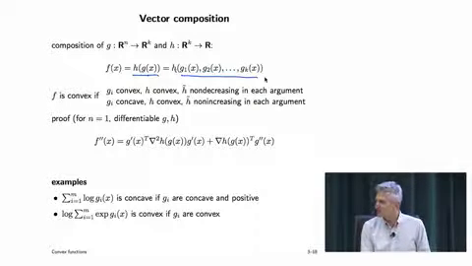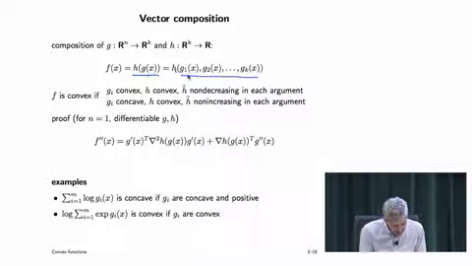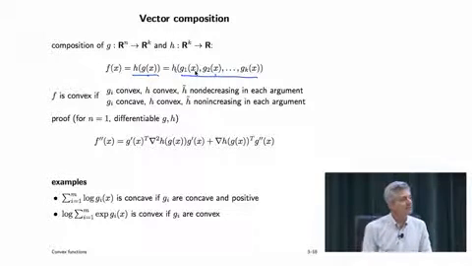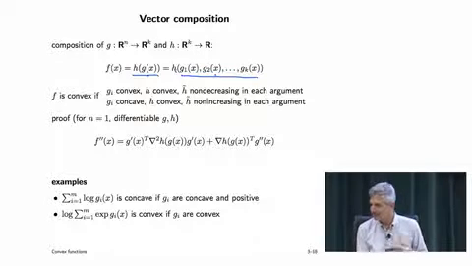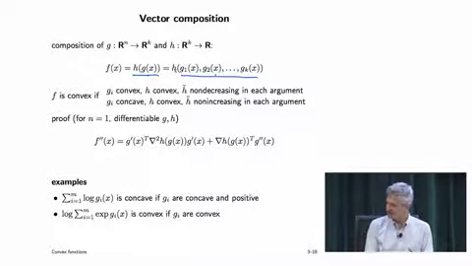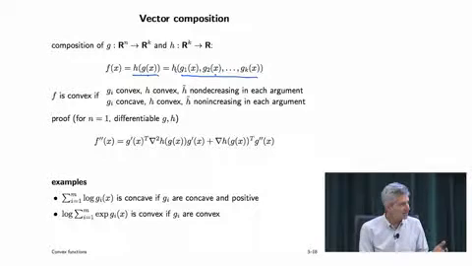These are the two simple versions, and then I'll give you a completely general version. The simple version is that if each of these arguments is convex, and h is increasing in each argument, and in fact it's h tilde, the extended value extension, but that's the idea.